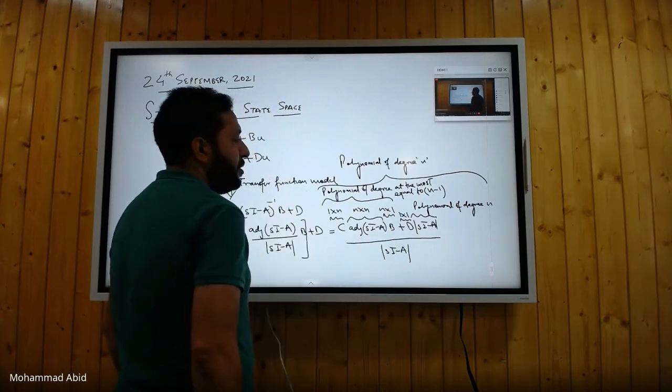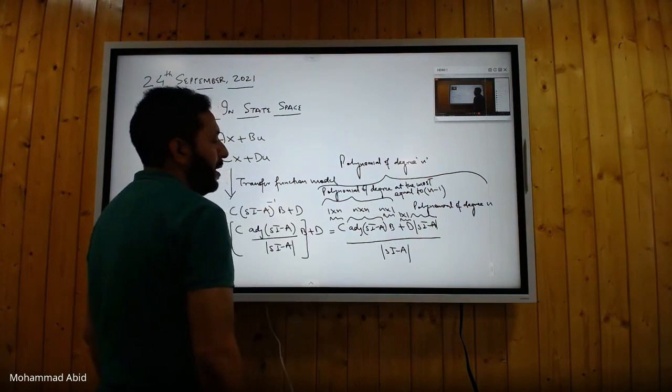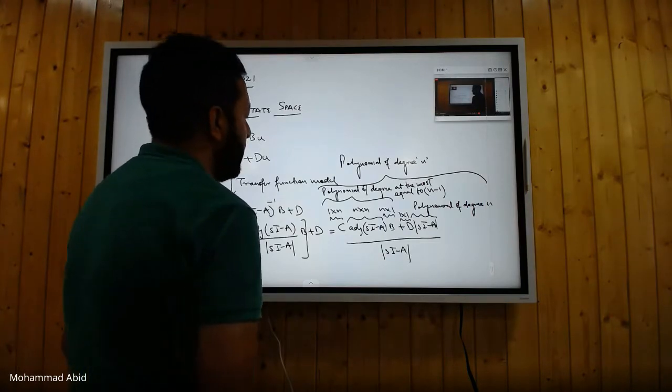And if D is equal to 0, in that particular case, this numerator will have a polynomial of degree at the most equal to n minus 1, isn't it? Yes, sir.